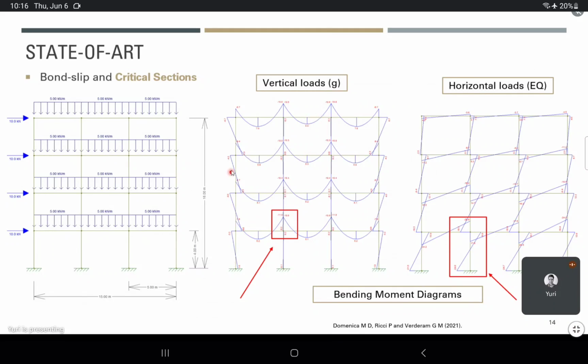Okay, and on external columns, you might see a shift in that, right? Also, when you see only the horizontal earthquake loads, you see that the stress concentration is actually on the internal columns and external columns on the first floor primarily.